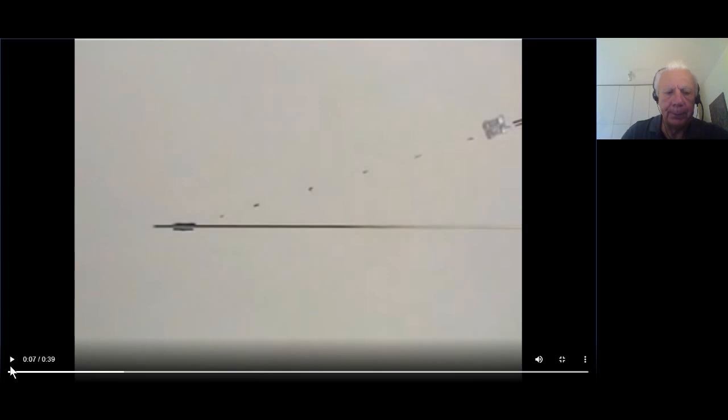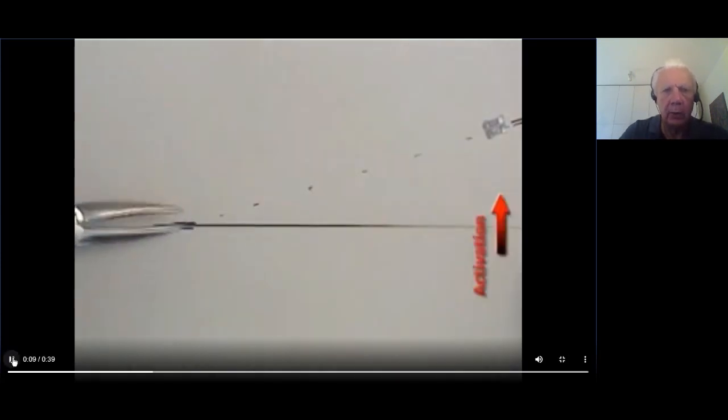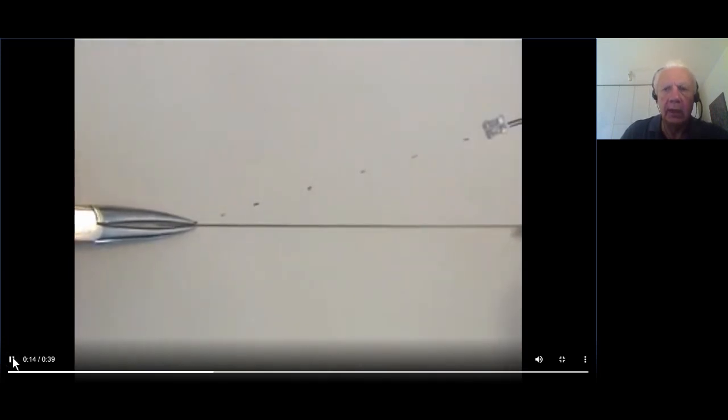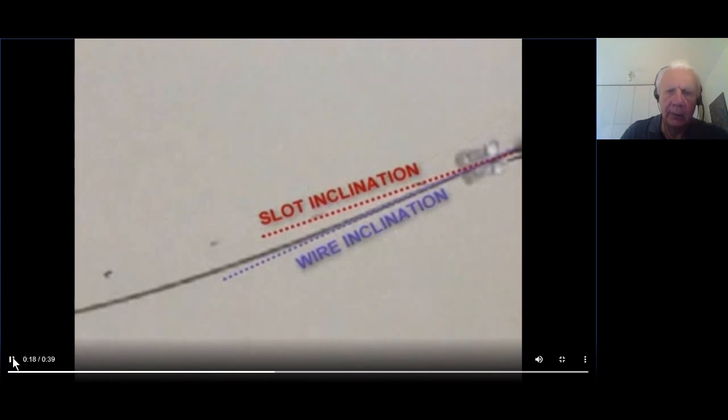I hold the wire with the plier on one side, and I use an instrument to raise the wire on the other side. As you see, there is an inclination when the wire reaches the level of the bracket, which does not correspond, the inclination of the wire to the inclination of the slot.